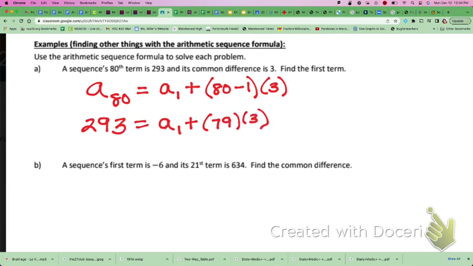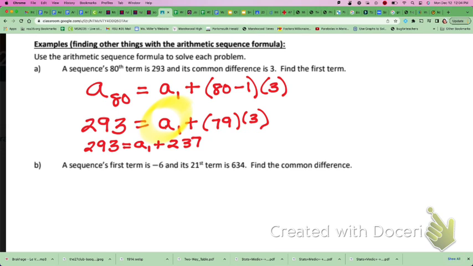So now all I have to do is solve that equation for a sub 1. What is 79 times 3? 237. So 293 is equal to a sub 1 plus 237.